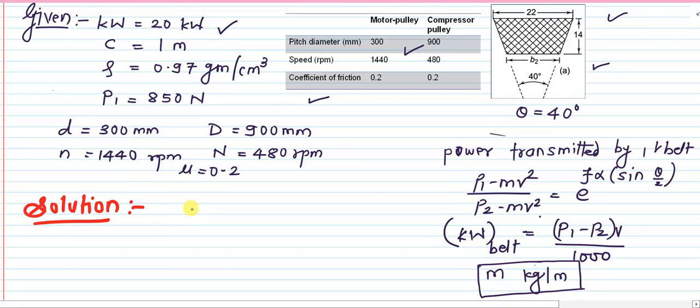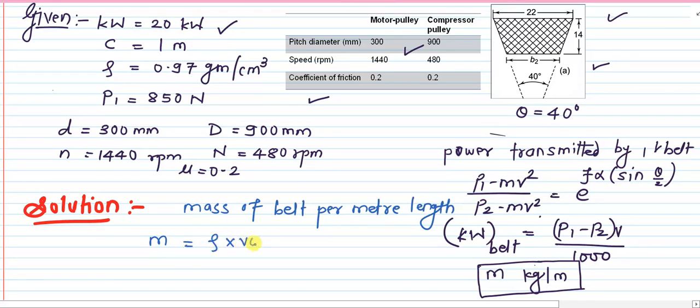So the first thing that we need to calculate is the mass of the belt per unit length, or per meter length being specific. The basic understanding is that mass is nothing but density multiplied by the volume of that belt, because the density of the material has been specified.